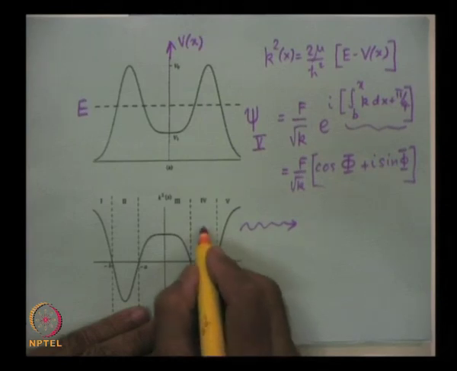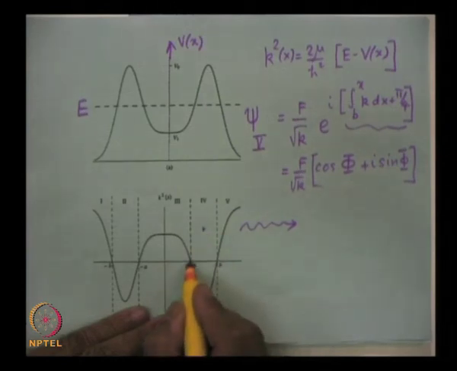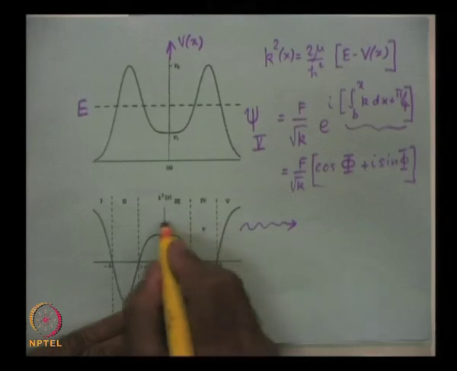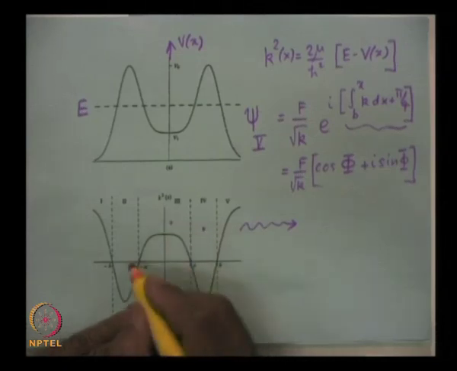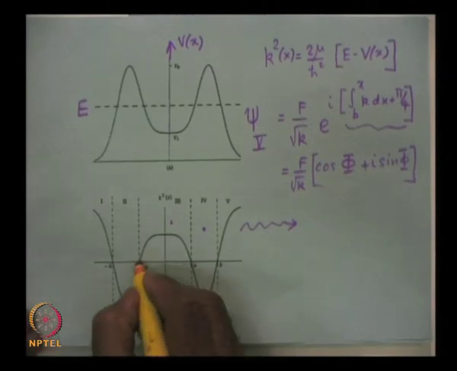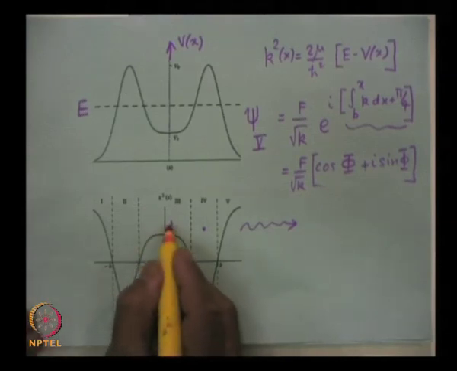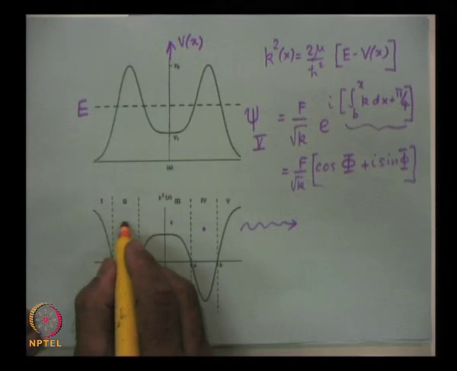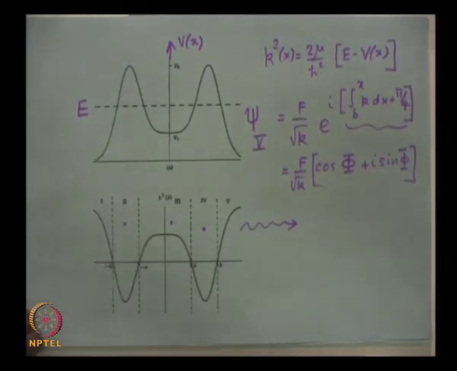Then we look towards the turning point A, and I go over to region 3, and then we look to turning point minus A, and then use the connection formulae to get to region 2 and then to region 1.